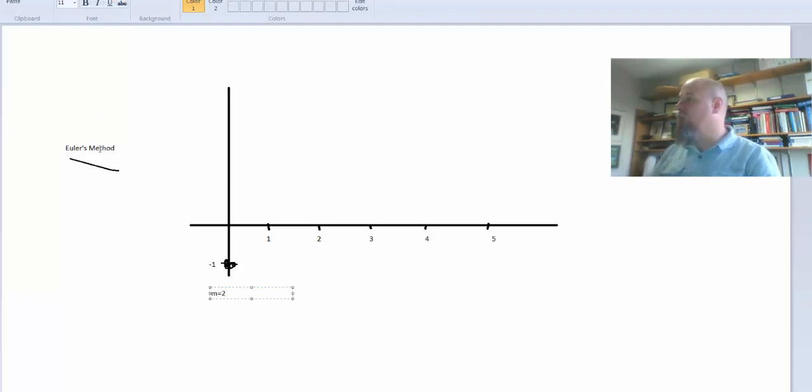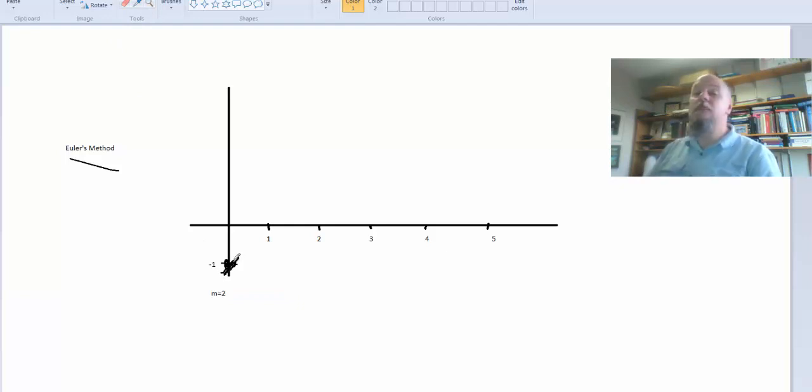So that means it goes through that point with a slope of 2. That means if I move over 1, I would go up 2. If I move over 2, I would go up 4. If I move over a half, I would go up 1. So we're going to choose to move over a half.